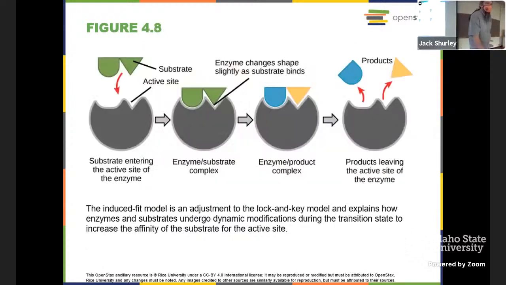And let me just back it up to this real quick. A competitive inhibition would be where you've got a different colored substrate so it can fit in there, but it doesn't act on it. It's like the guy trying to open up the wrong car. The key fits, but it doesn't turn. So as this is happening, he would be the inhibitor.